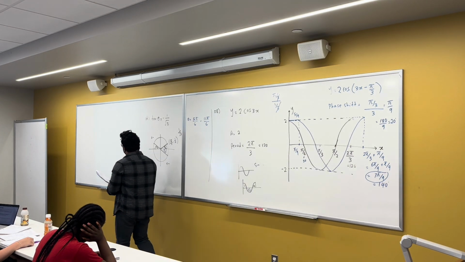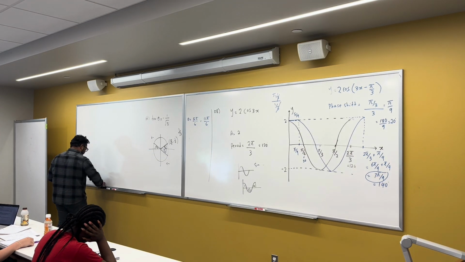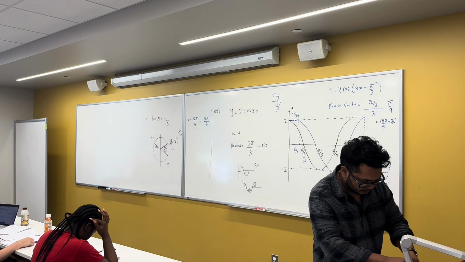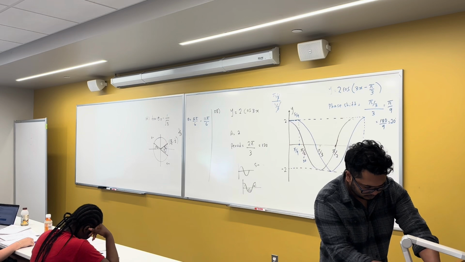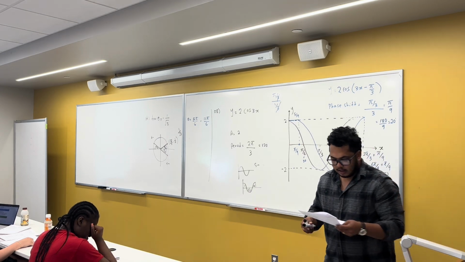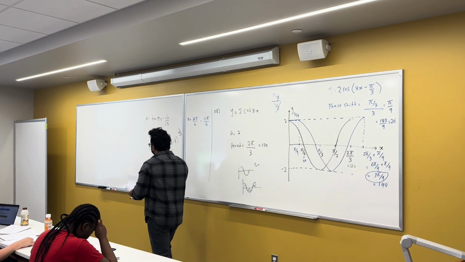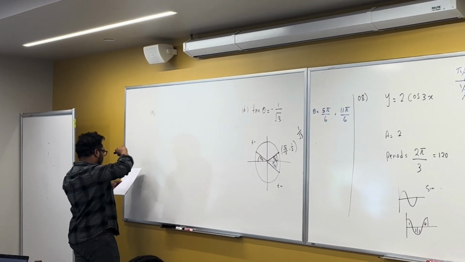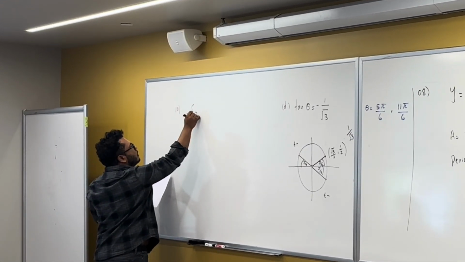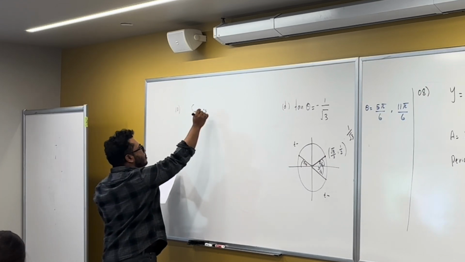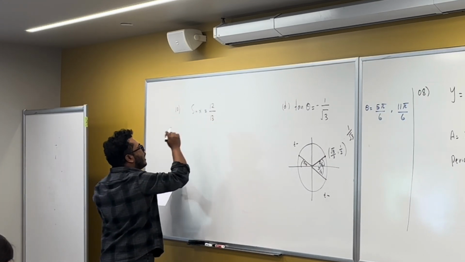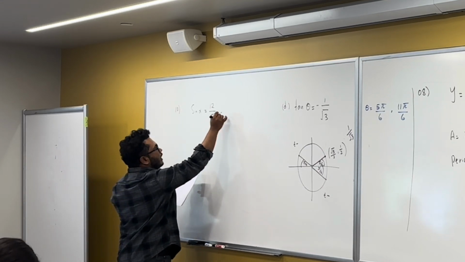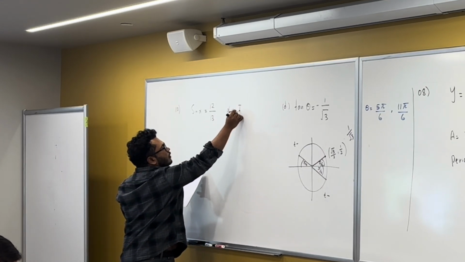Because number 10 is the one we really need to go over and take time on. Okay? Because we didn't discuss it in detail. Number 10. So question number 10. Suppose sine alpha is given, and it's not only sine alpha given, it says where alpha lies. Alpha in first quadrant.